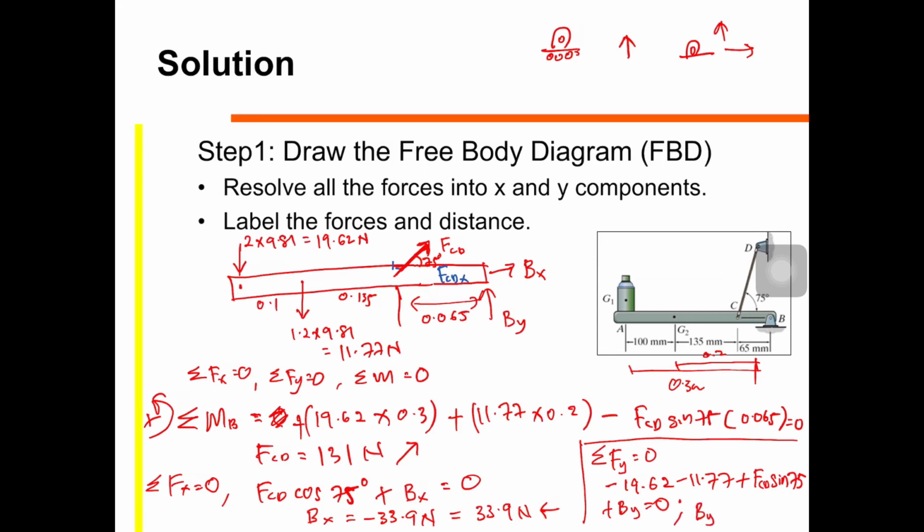So you got the answer By equals to 95.4 Newton. Also negative, so your direction should be downwards.